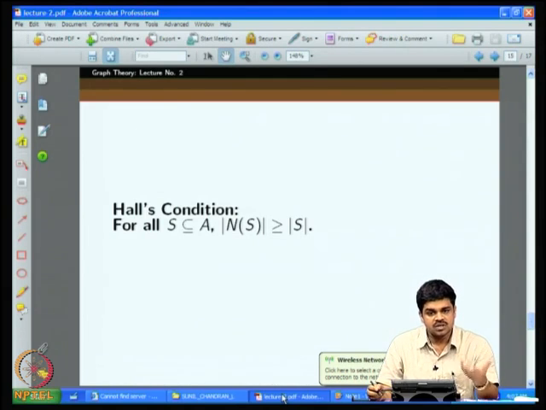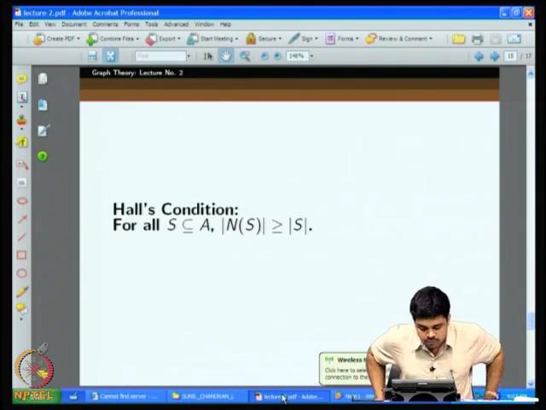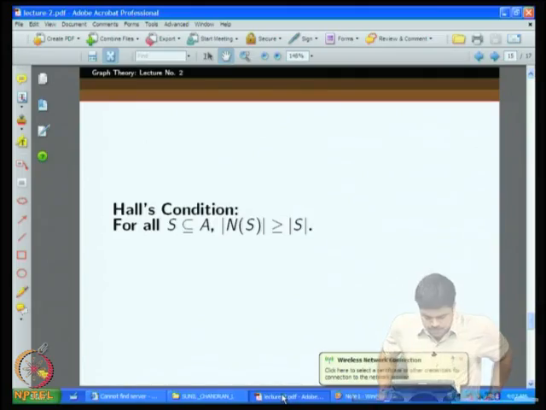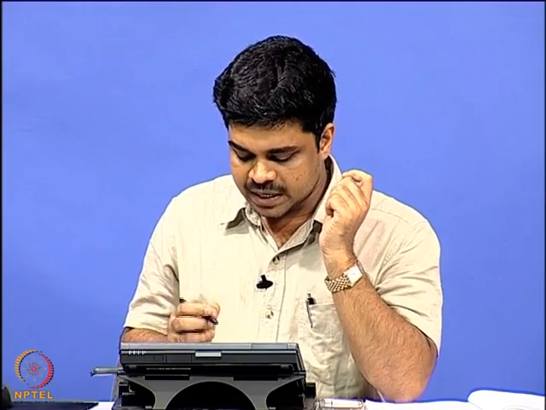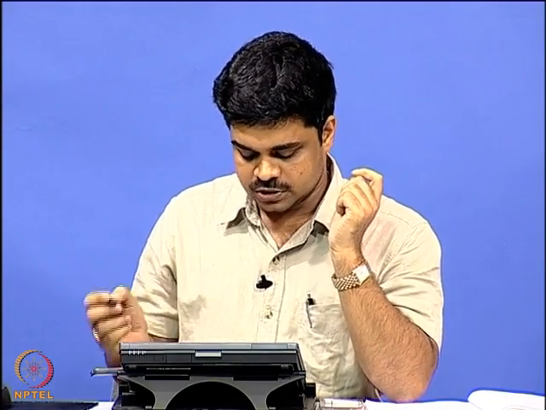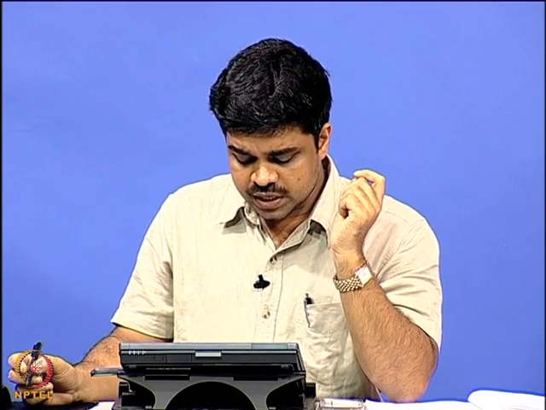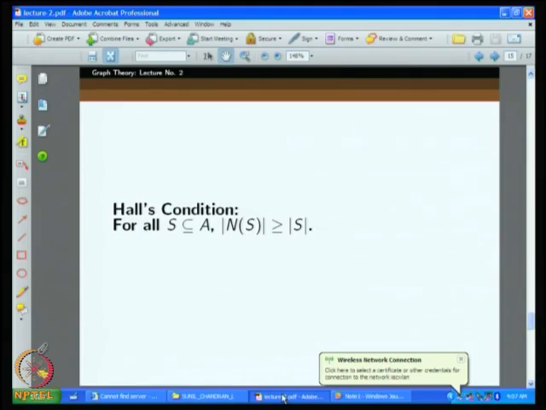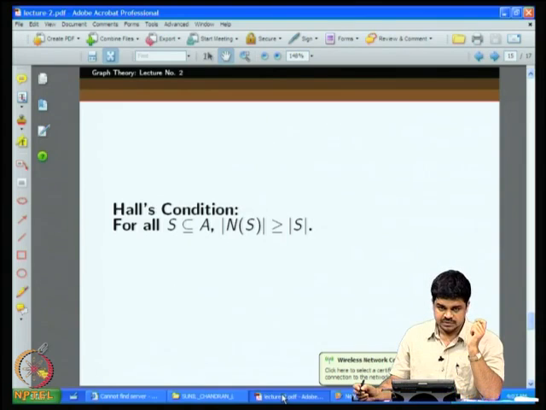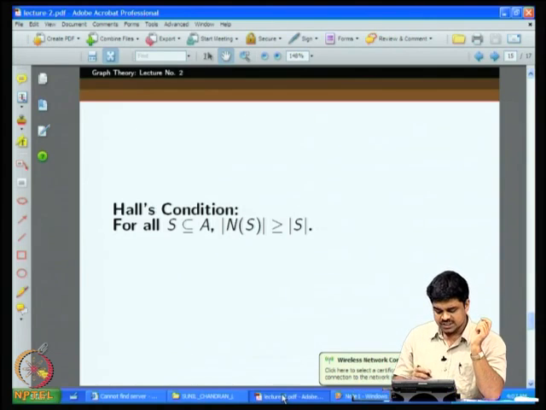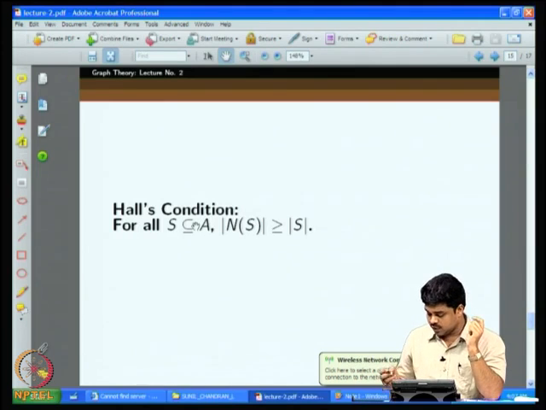The cardinality of A may be smaller than B. In that case, we are just looking for a matching which can match all the vertices of A. Here is a result, called Hall's theorem, which gives a condition for the existence of such a matching. Hall's condition says you consider any subset of A and then you look at its neighborhood.